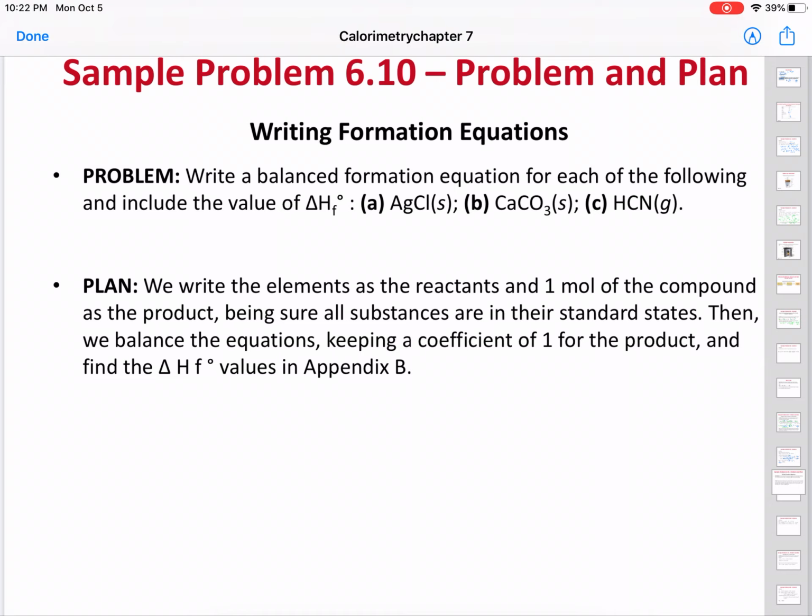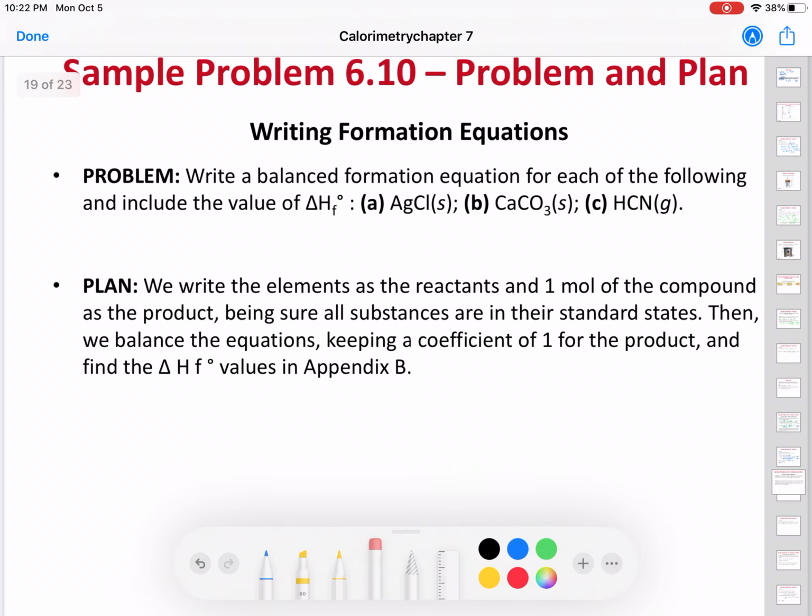Now, write a balanced formation equation for each of the following and include the value of delta H naught F. Delta H naught represents the standard conditions. F is the formation. So, silver chloride solid. Now, we are going to form silver chloride, AgCl. How does silver chloride form? What substances does it need? It needs silver.